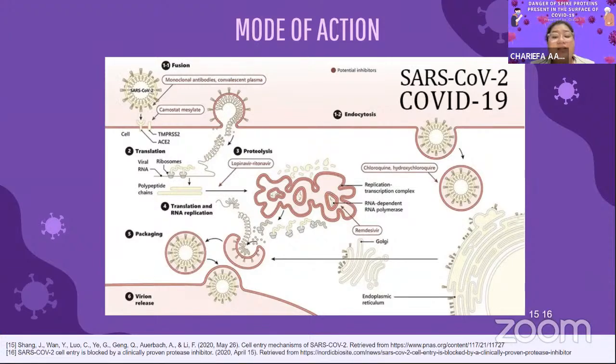The first part of this drastic change is called the pre-hairpin, where the linker within S2 becomes helical. The second part is the formation of a 6-helix bundle. And after these changes, the coronavirus will travel inwards towards its target cell.